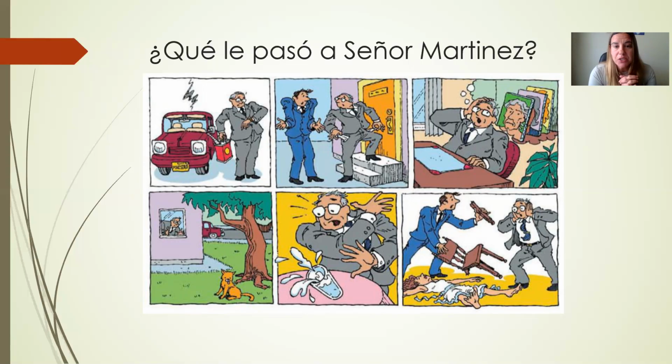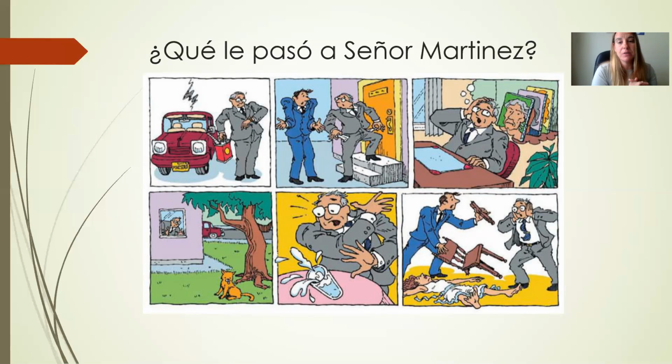In the second picture, that could be they. It looks like he lost the keys to the house, right? But of course, Señor Martinez didn't lose the keys. The keys were lost. So I'm going to say se les, because it happened to them, ellos, se les perdieron las llaves. Las llaves perdieron, the keys were lost, and it happened to them.